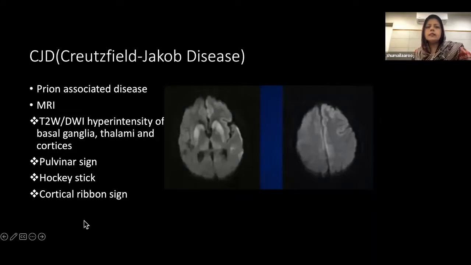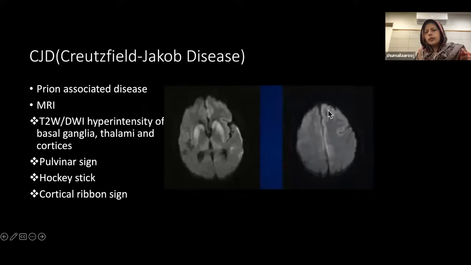Similarly, CJD is a very important disease, especially in patients who present with rapid dementia and rapid decline in their neurological status. One should consider CJD whenever there is diffuse restriction in the region of basal ganglia, in the region of pulvinar of thalami, and there is this cortical ribbon sign.